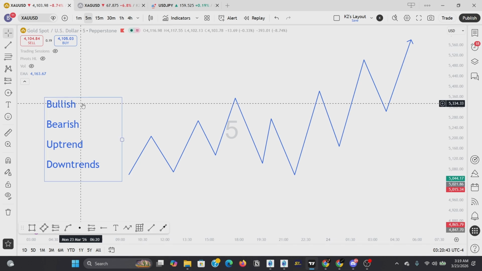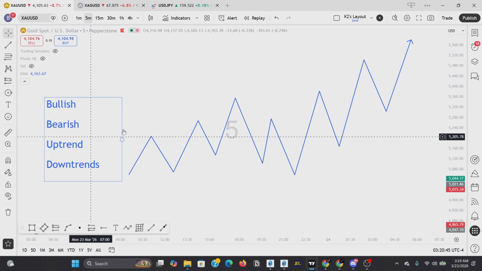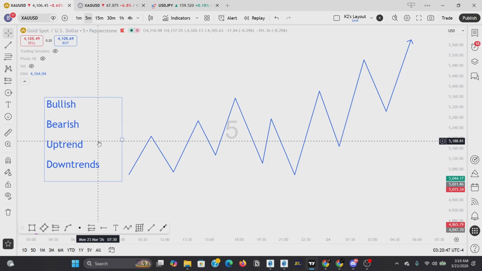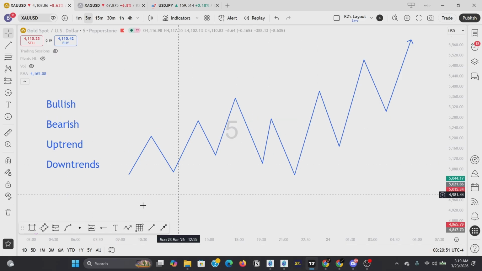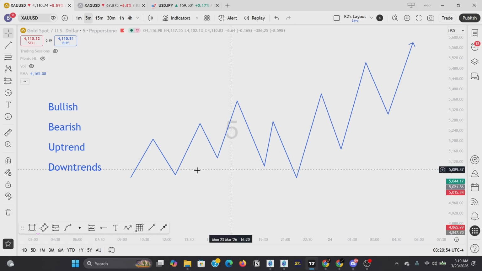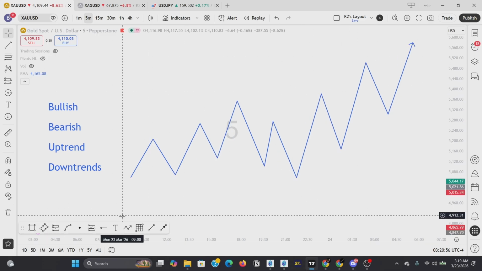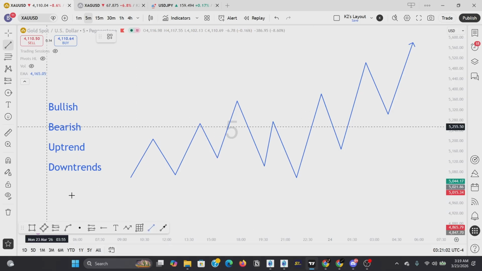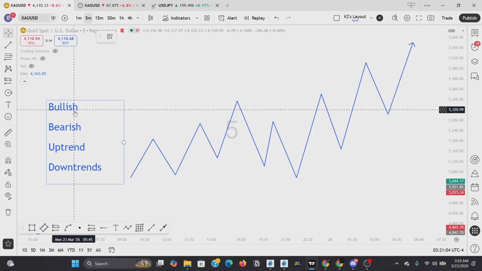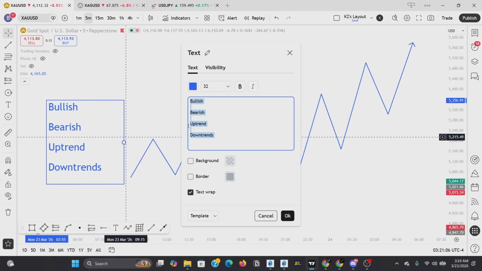Because bullish is buy, bearish is sell. Uptrend is up, downtrend is down. We have a downtrend, but overall, the market is moving upwards. Now, how do you identify uptrends and downtrends? That's what we're going to focus on right now.